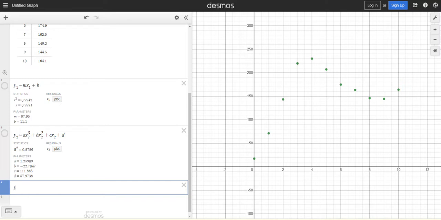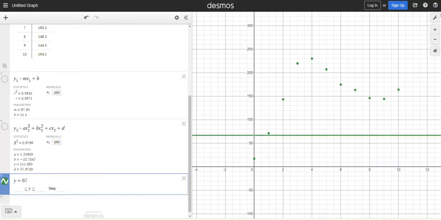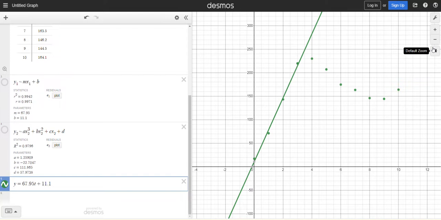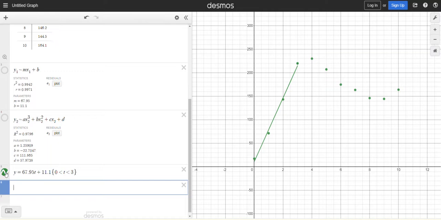So first I had y equals 67.95 t plus 11.1, and I only want that from 0 to 3. Again, the less than versus the less than or equal to in Desmos is so minor I'm not even going to bother with it. And we can see that's a really good fit for those first points. Make that a different color, I think, though.